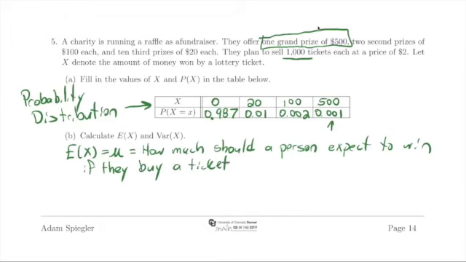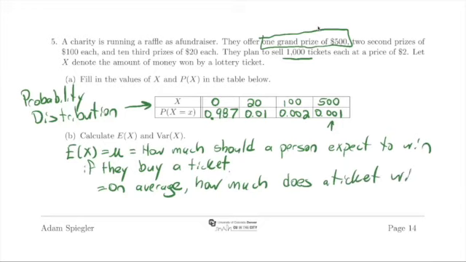Which is equivalent to saying, on average, how much does a ticket win? So average and expected value can be used interchangeably in this sense.